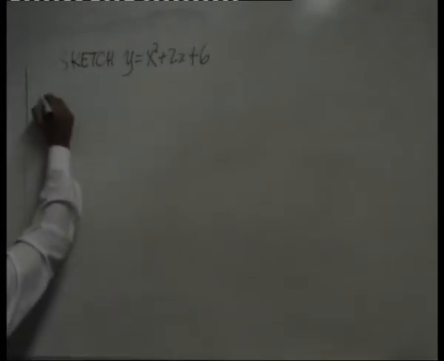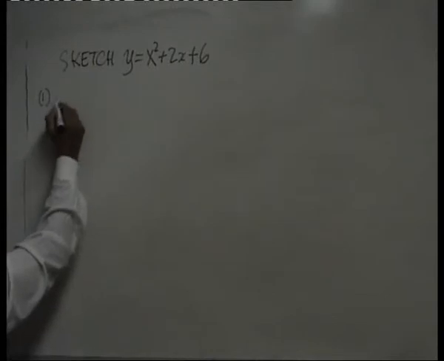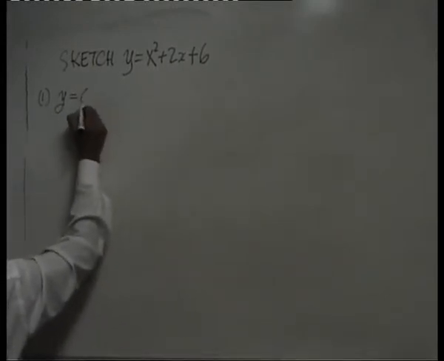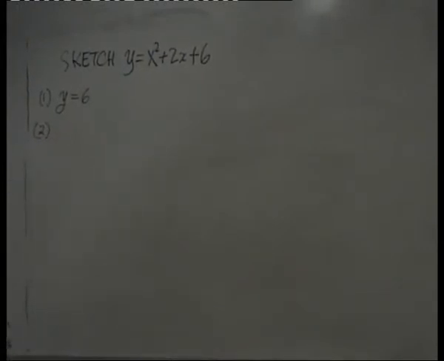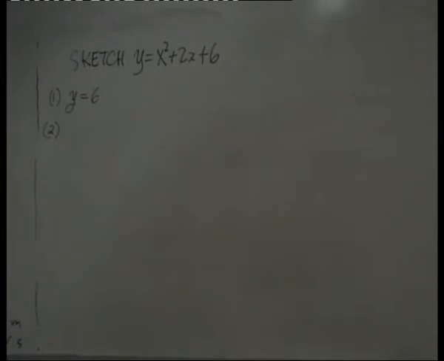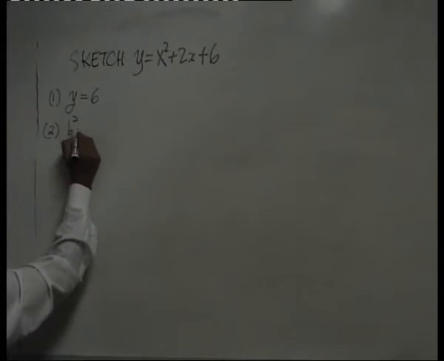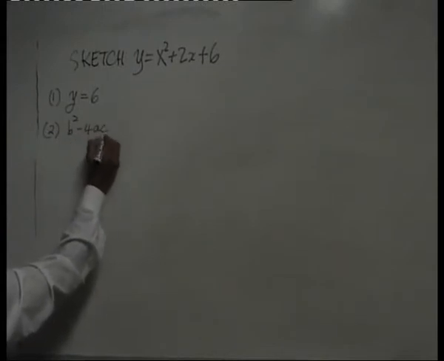So let's go through our steps. Number 1, the y-intercept. By now you are smart enough and you know that the y-intercept is going to be 6. Now number 2, how will you know that this one has no x-intercepts? Well, you can work out b squared minus 4ac.